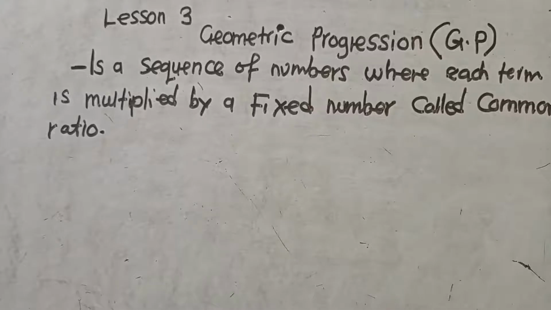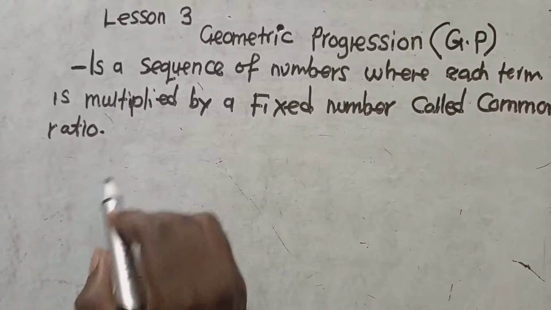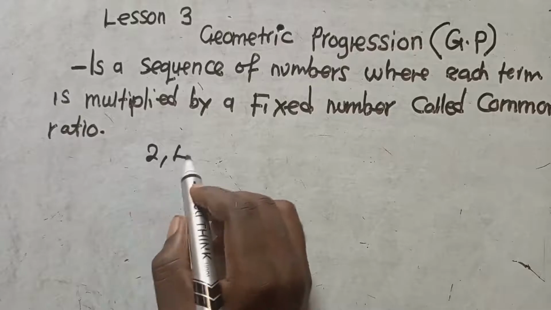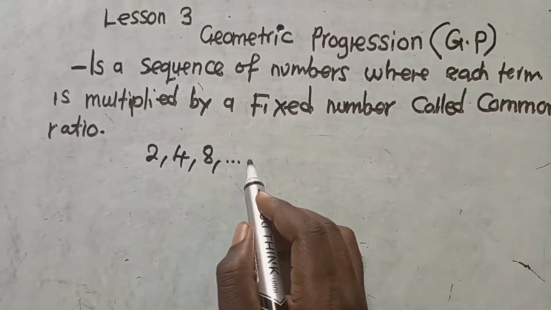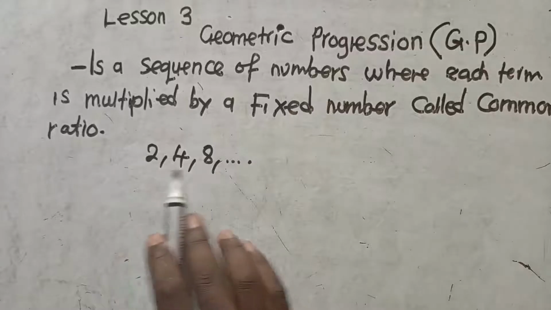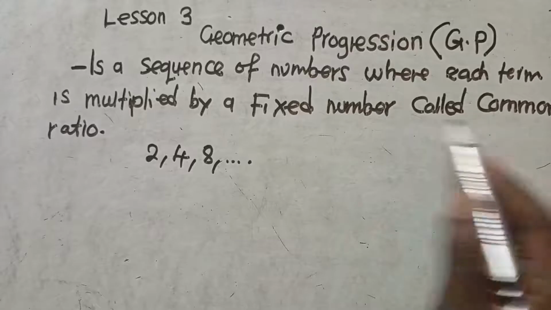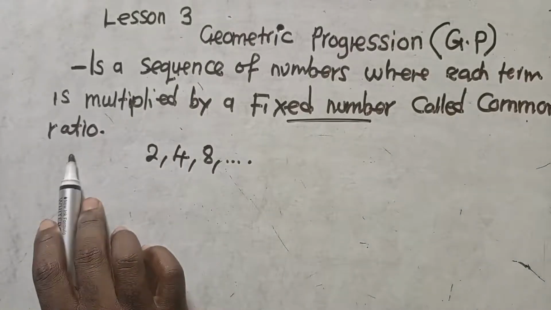So if you want to find the next term, you have to get this number that is here and multiply it. For example, you've got this is 2, this is 4, this is 8, like that. And numbers are just going like this. So you need to find a constant number. So that constant number, the fixed number, we are calling it common ratio.